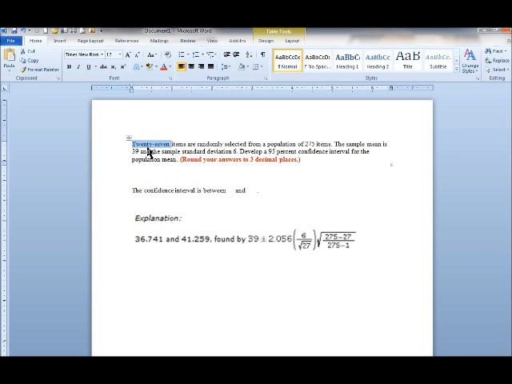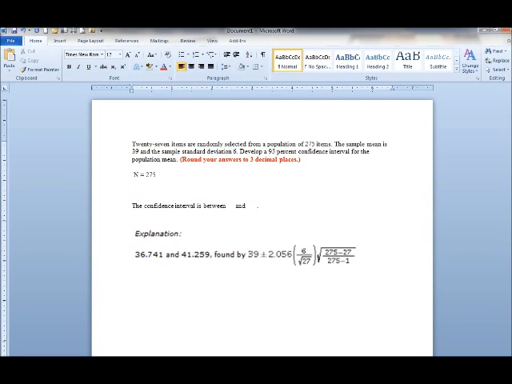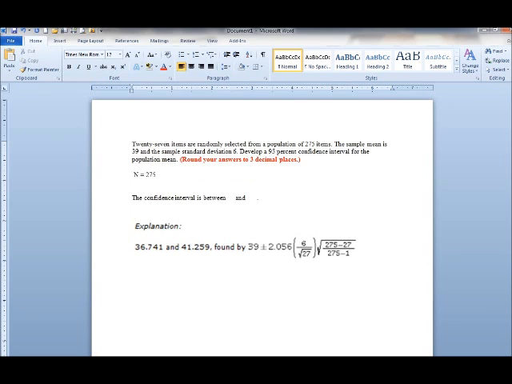So when they say that this 27 is selected from this 275, what that means is that we have a population, and capital N is the letter we use, of 275 items, and from that, we are selecting 27.